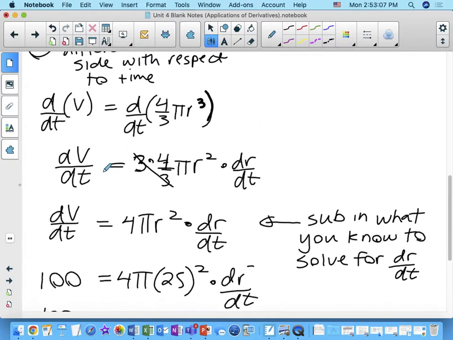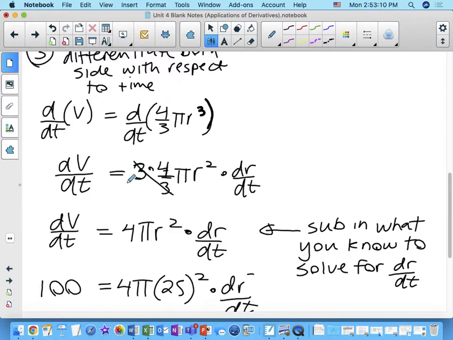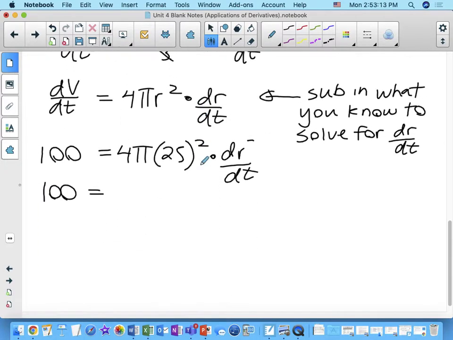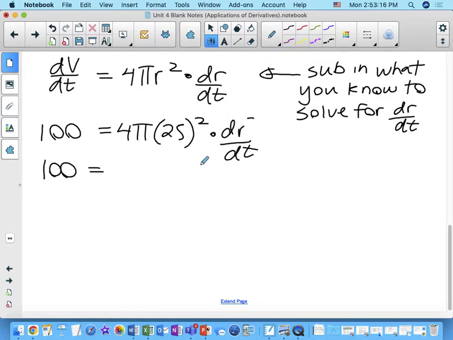So when we took the derivative, the 3 came in front, and this became squared. I'm doing too much in my head. 25 squared is 625, times 4, 2,500. So 2,500 pi times dr by dt, I think. Someone confirm that. Well, 4 times 25 is 100, times 25 again should be 2,500. There we go. I think that's right.